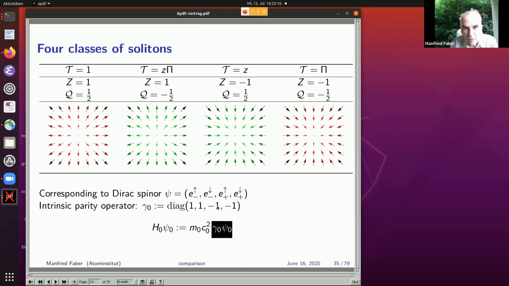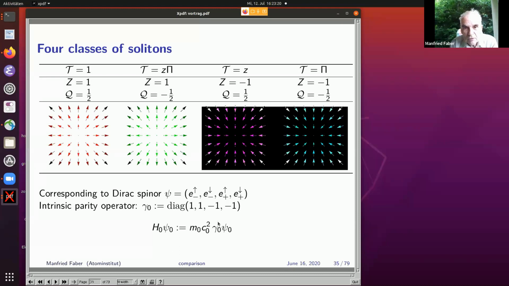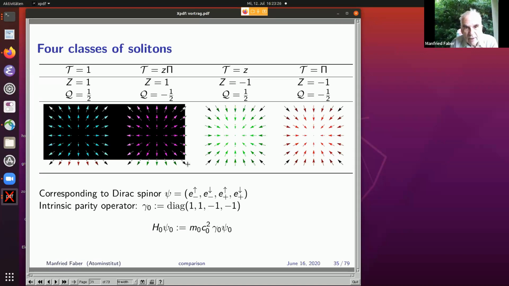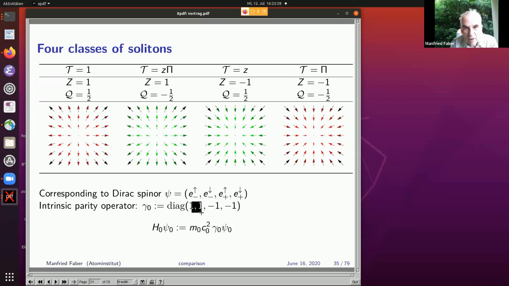You see, minus 1 for the positron, and for the electron I have the eigenvalue +1 for gamma 0. And I multiply with m0 c0 squared, the energy. In this way I define the Dirac equation for a free, non-moving particle.